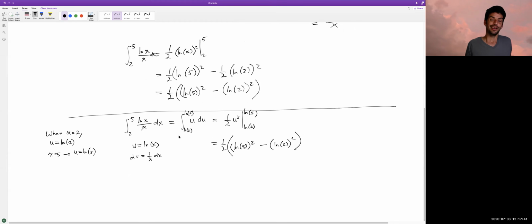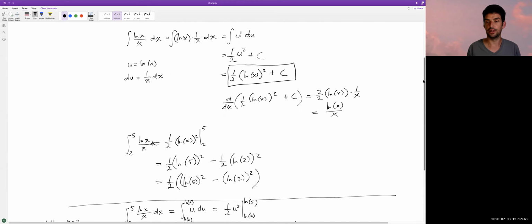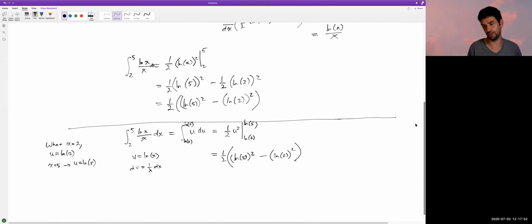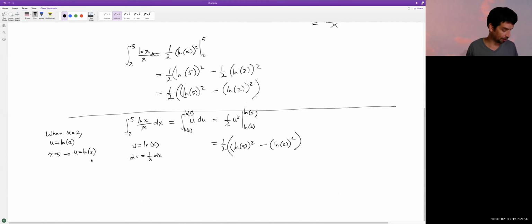Okay? It's really just whether or not we're switching back to the formula with x in it at the end or earlier. But this is perfectly reasonable to do. People prefer either way depending on their personal preference. I don't think there's a huge difference.